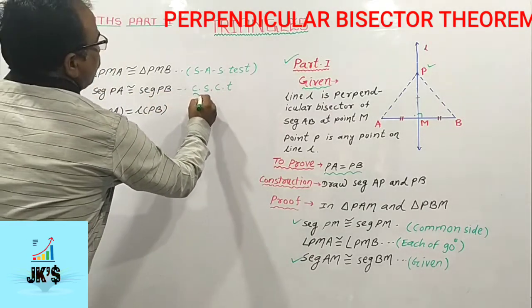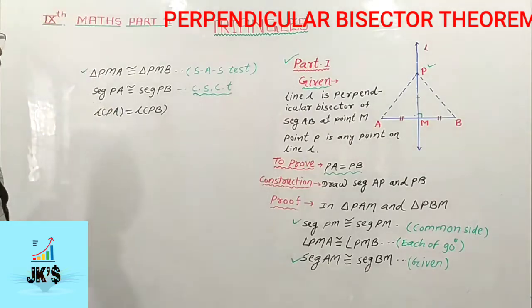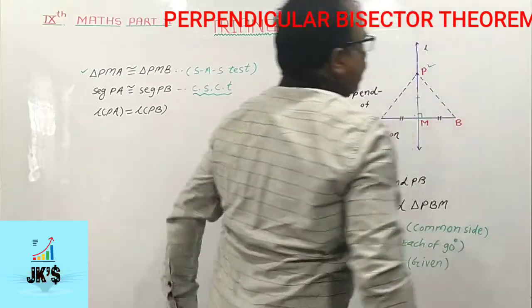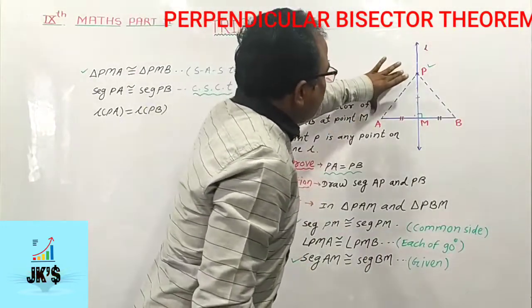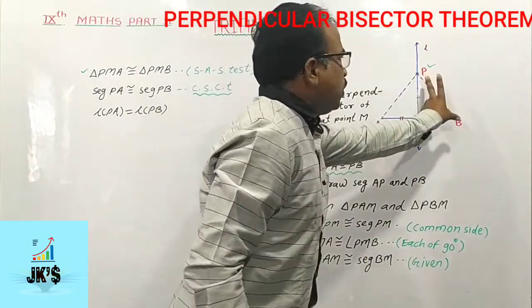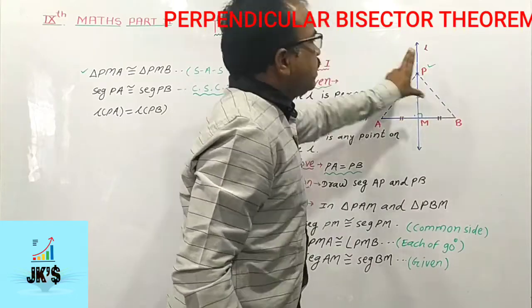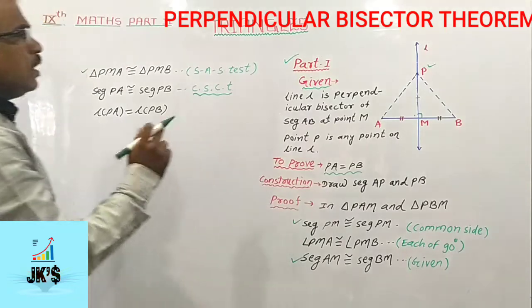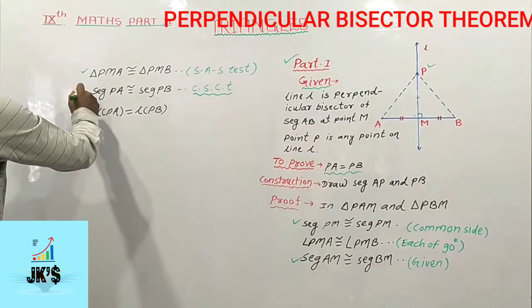Corresponding sides of congruent triangles. If two triangles are congruent, this one triangle is congruent to this one, then their corresponding sides, this one side correspond to this one, means the corresponding sides of congruent triangles are congruent. Hence, PA is congruent to PB.